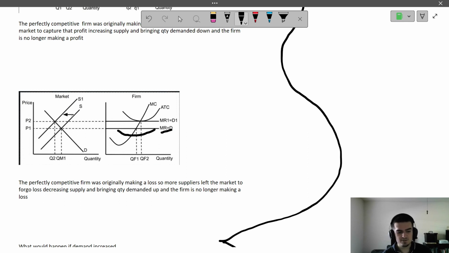And a lot of firms in this perfectly competitive market are making a loss. So more firms leave, and so then that raises the price because that supply shifts, and now this firm is no longer making a loss. It's now at that break-even point.